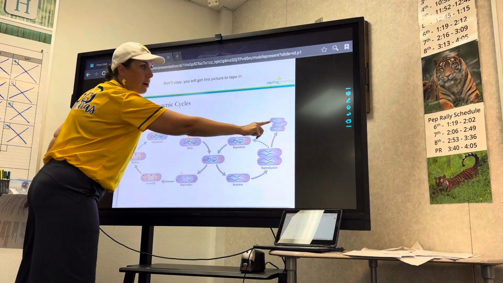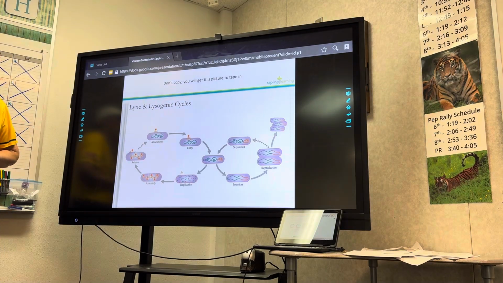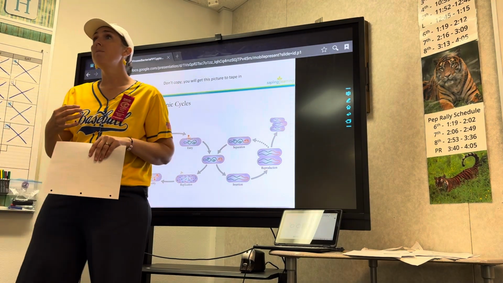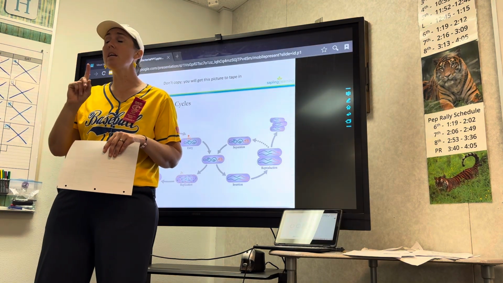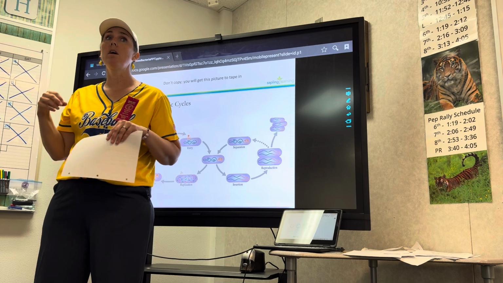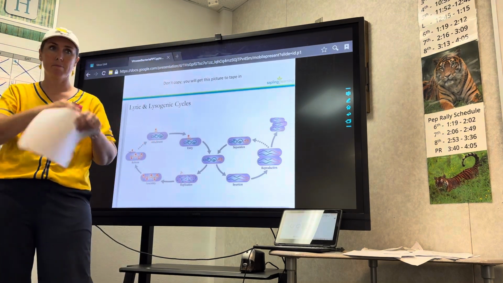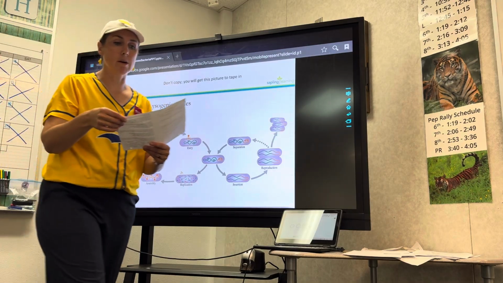Lysogenic, the host cell just keeps on replicating that viral DNA. So I would say in the lysogenic, the host cell is still alive, replicating viral DNA, but at any time it could go into the lytic cycle, assemble viruses, and then have to release all of them, basically killing the cell.